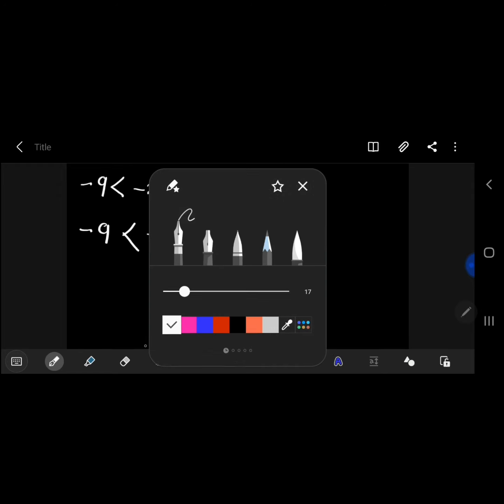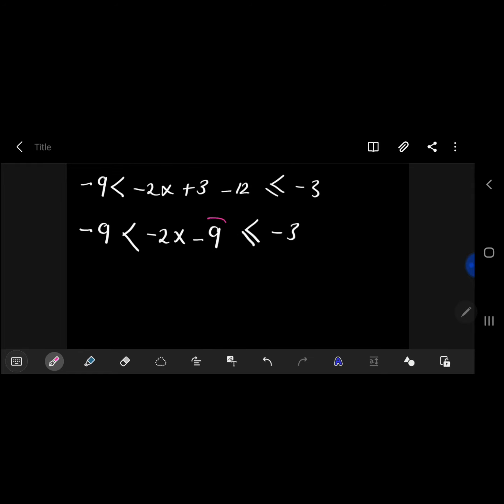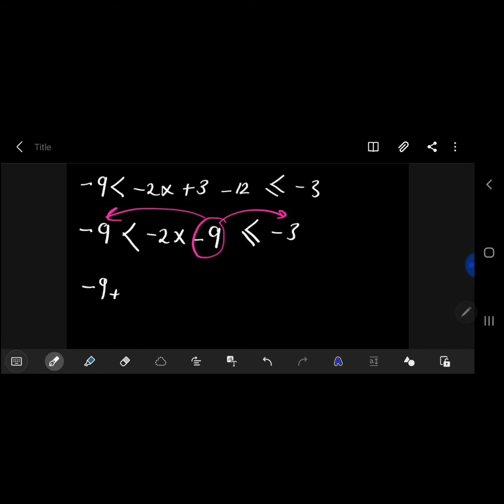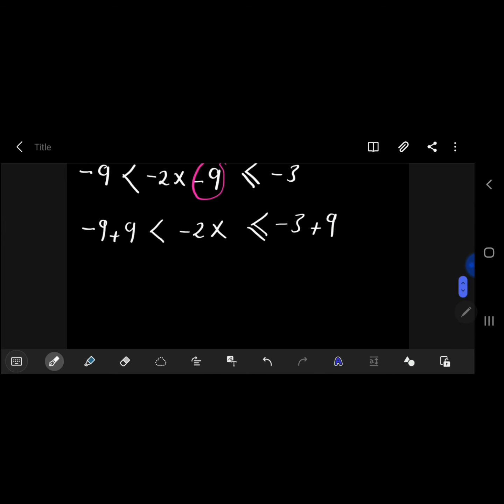So here I will take minus 9 to the right and the left side. It will be plus 9. So minus 9 plus 9 smaller than minus 2x, smaller than or equal to minus 3 plus 9. Here minus 9 plus 9, 0, smaller than minus 2x, smaller than or equal to 6.